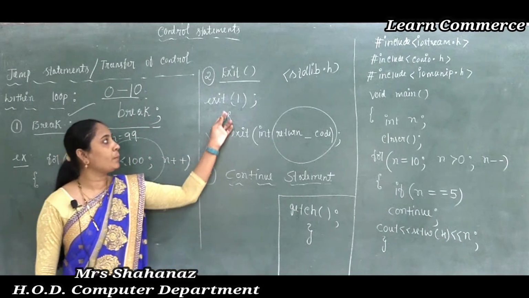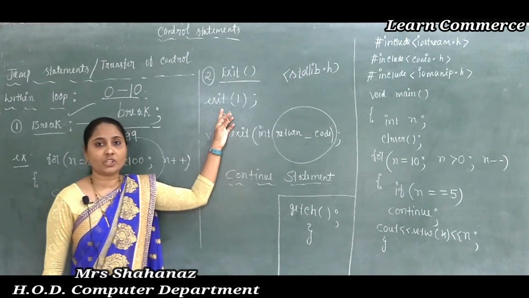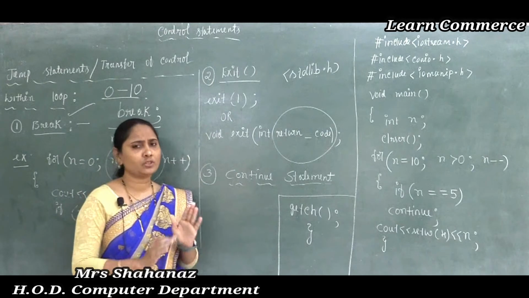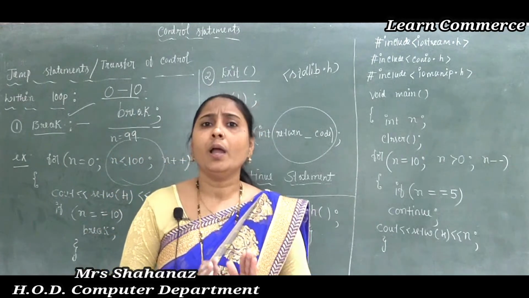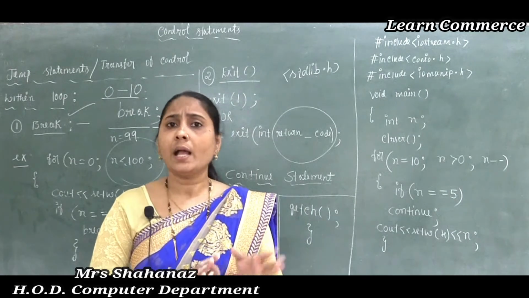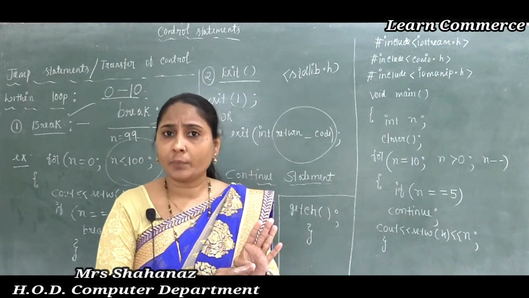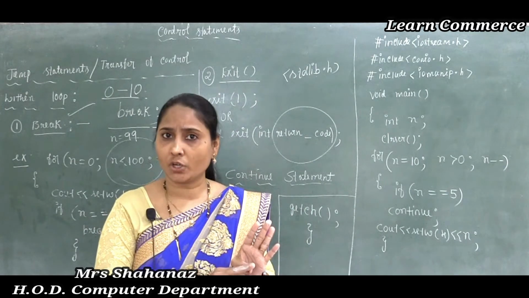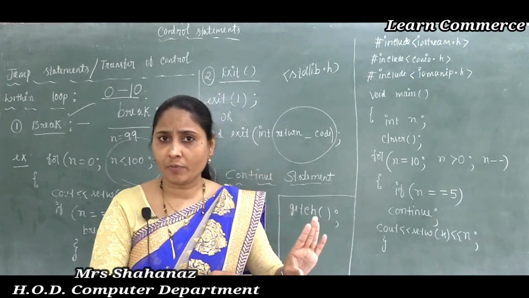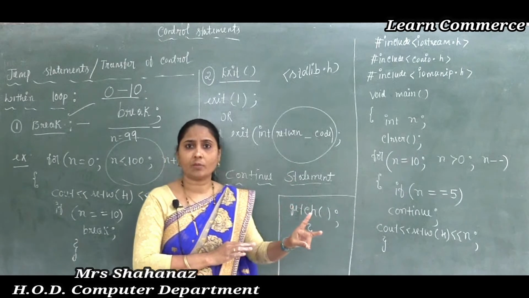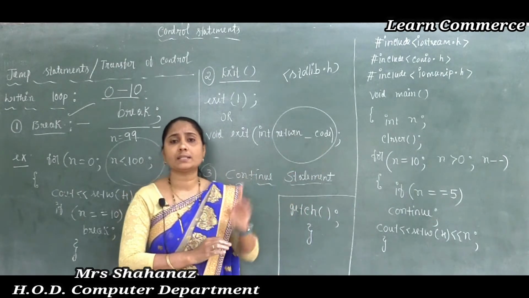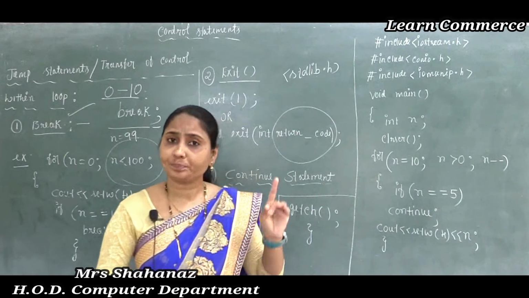So these are some points about the exit function. In today's class, the meaning of exit is enough here: the function is used to terminate the execution of the program, and when you use it in any program, we need to use the header file stdlib.h, the standard library.